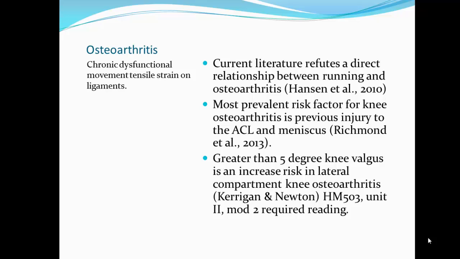And also in our Human Movement 503 Unit 2 Module 2 required reading, we learned that greater than 5 degrees of knee valgus is an increased risk in lateral compartment knee osteoarthritis.